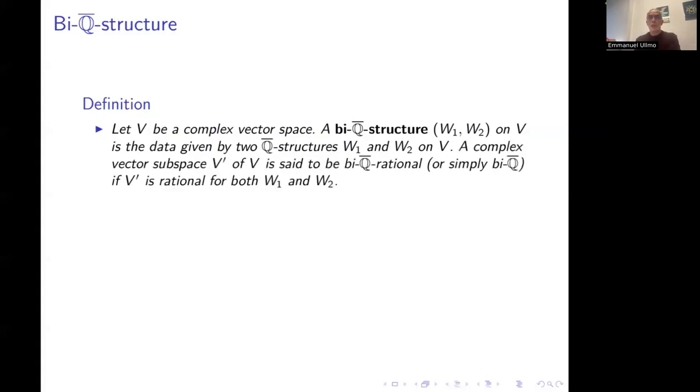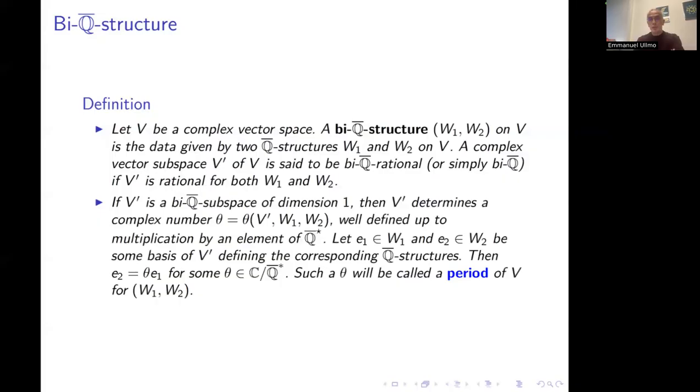And when you have a subspace V' of V, you say that it's B Q-bar if it's Q-bar for both the structure coming from W1 and the one coming from W2. We will be interested in the case where you have a B Q-bar subspace of dimension 1.